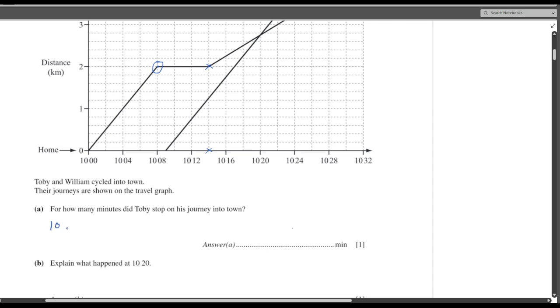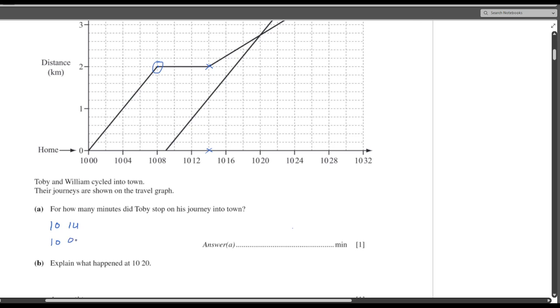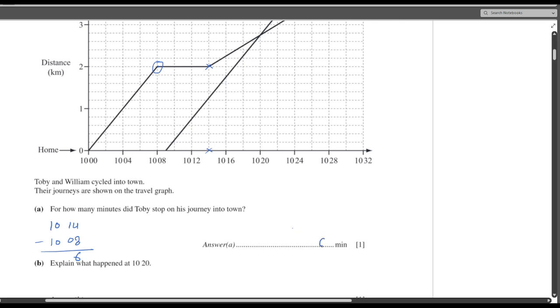So from 10:08 to 10:14, you can subtract 10:08 from 10:14. So this is 6 minutes. So the answer for this question is 6 minutes.